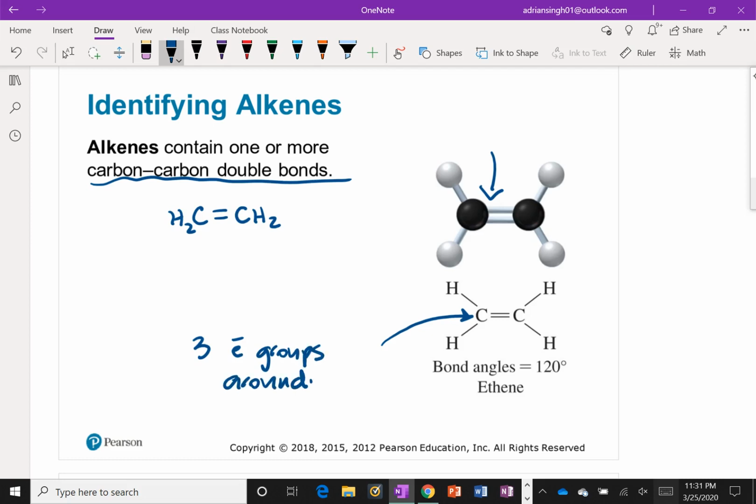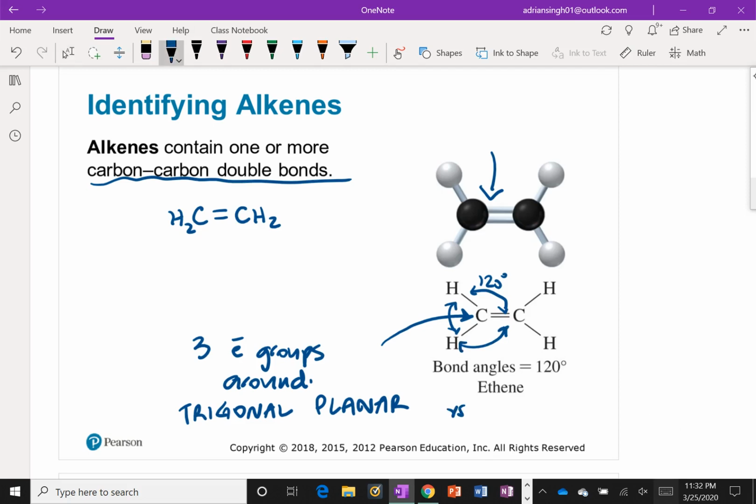If you remember from your Lewis structure chapter, when you have a central atom with 3 electron groups around it, they adopt a characteristic shape called trigonal planar. That's the shape here around that carbon-carbon double bond, and the bond angle is 120 degrees all the way around, between each of these 3 bonds.